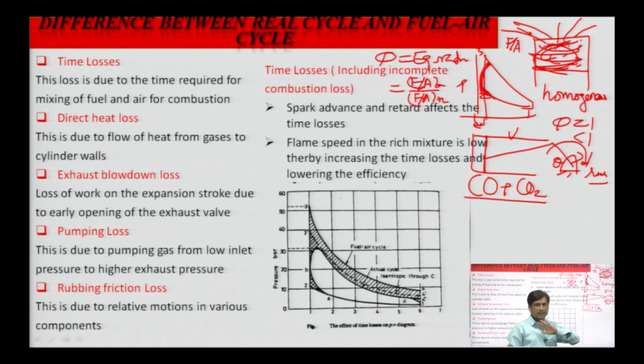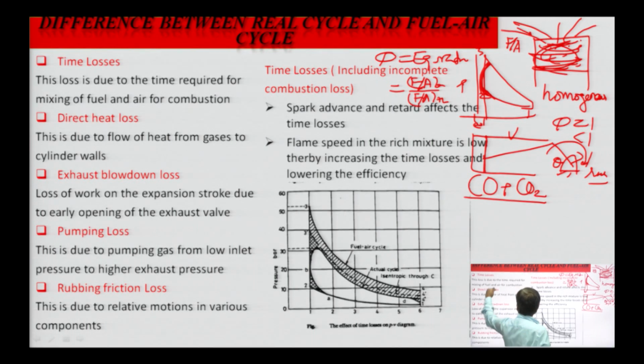There is no possibility in the engine that it will be 100% combustion. The time loss depends upon spark advance and retard, which affect the time loss. I will discuss that later.